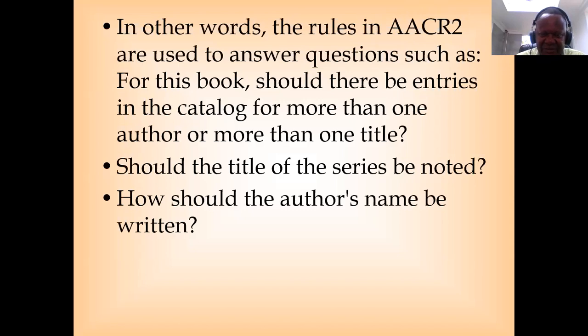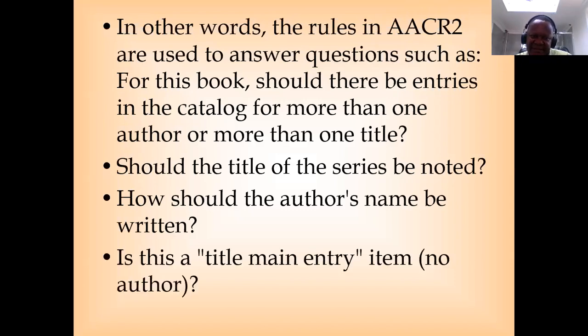We have seen we start with the surname, apply a comma, and then we give the other names. Is this a title main entry item where there is no author? Recently, we have dealt with editorial publications, and indeed, for those publications, the main entry goes under title.